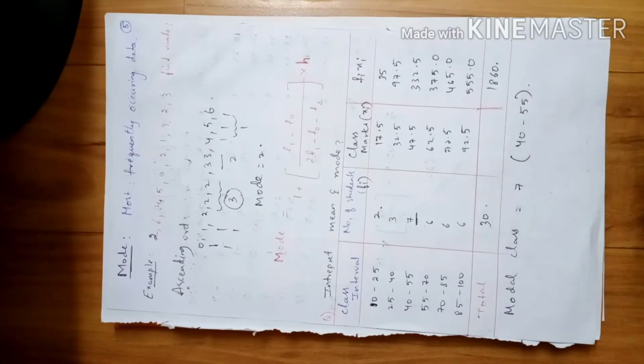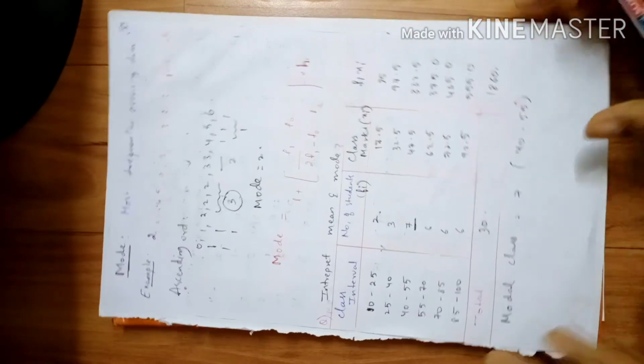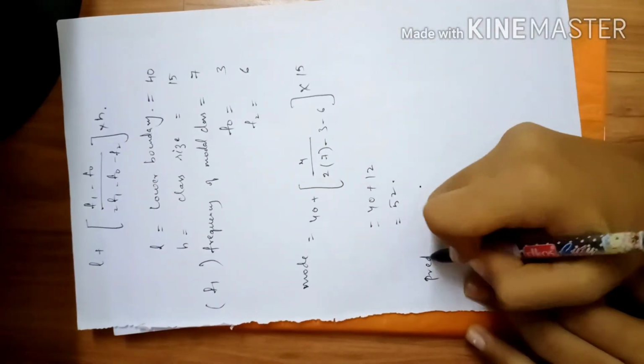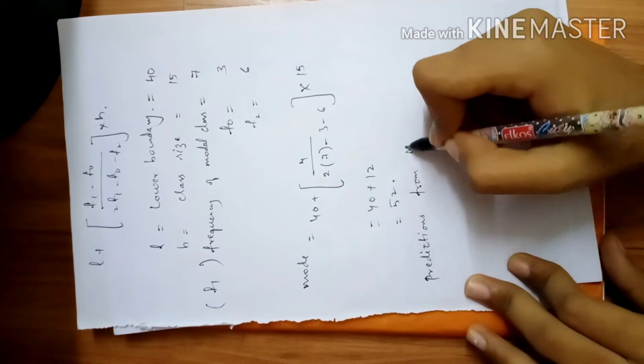So the maximum number of students achieved the marks 52, and on average each student got 62 marks. So what can we predict from mean and mode?